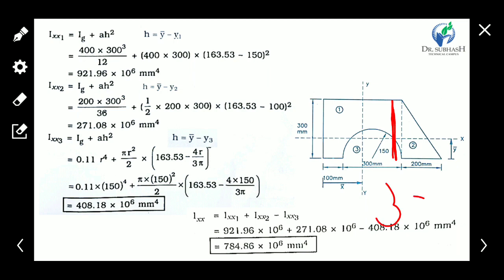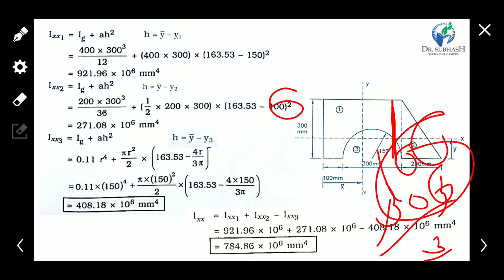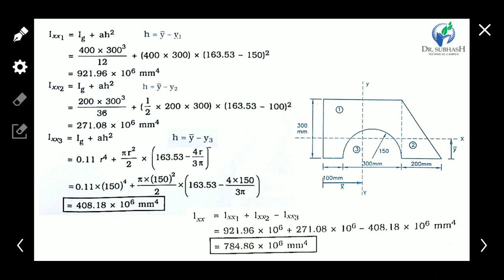So 300 by 3 is 100, so 163.53 minus 100. So now we got the moment of inertia for the triangle about this x-axis.